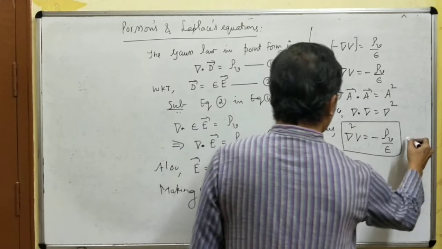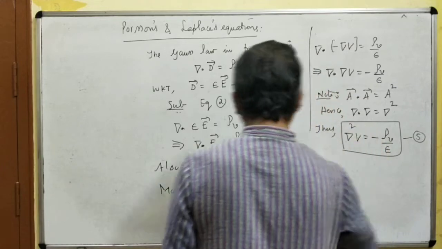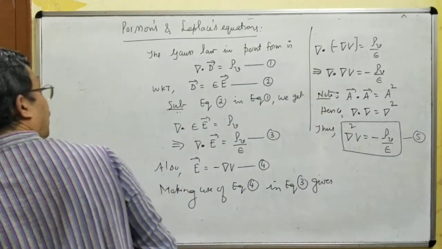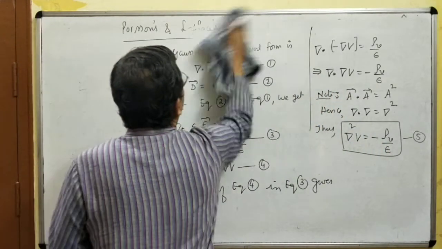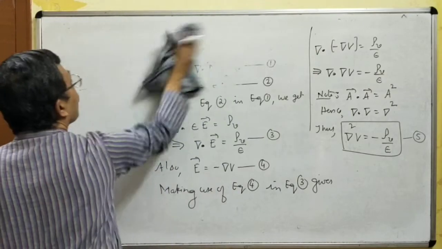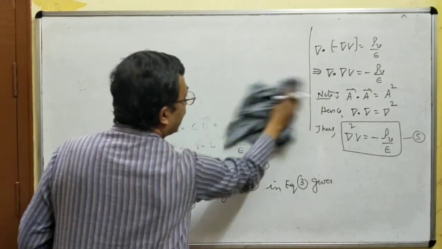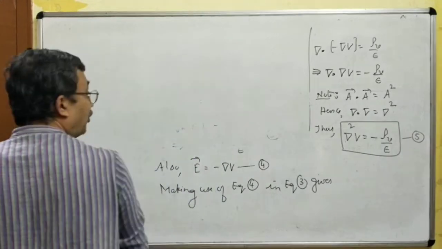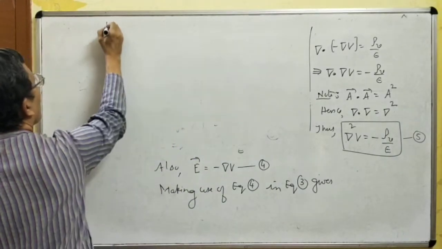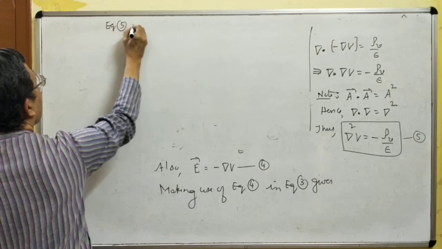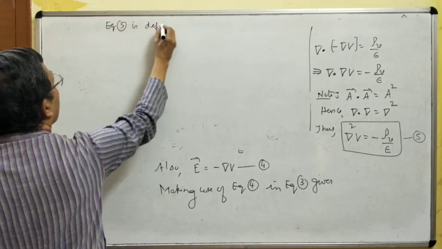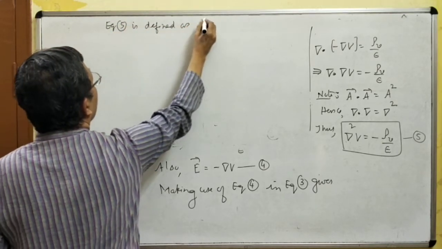This is equation 5. What is del square V in Cartesian coordinate system? We shall find. Equation 5 is called Poisson's equation.